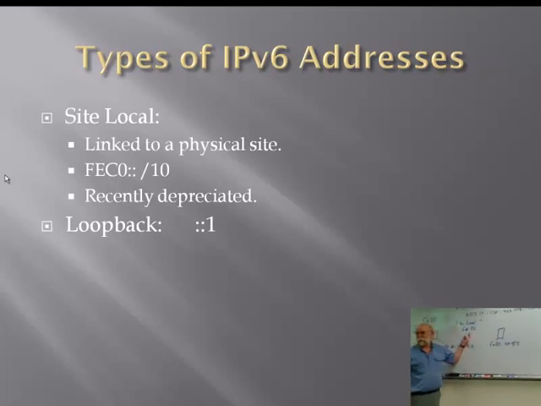The status of this thing, they keep changing their mind whether or not they're going to use this at all. If you see this address somewhere in some documentation or on some test, that's a site local. It's not routable either. I'm not even sure why they came up with this, decided to use this address.